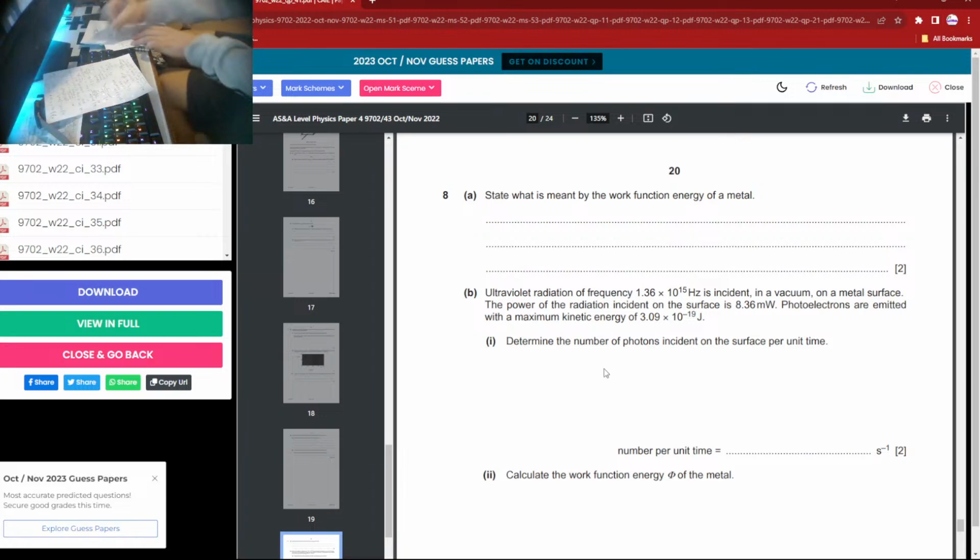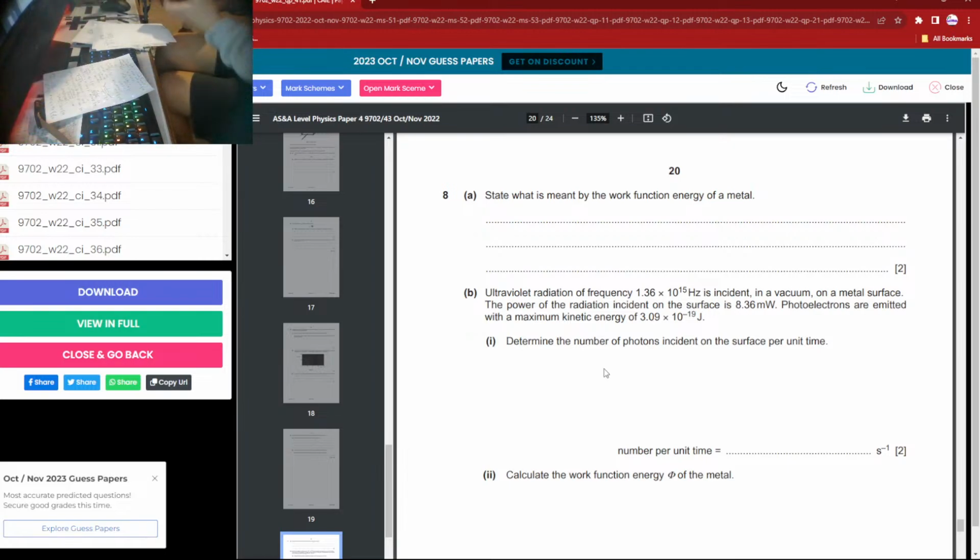So we move the hf over, so P over hf is equal to 1 over T. That's what we're trying to find, which is 8.36 milliwatts times 10 to the power of negative 3 over h, 6.63 times 10 to the power of negative 34, times the frequency, 1.36 times 10 to the power of 15. That should give you your emitted photons per unit time.